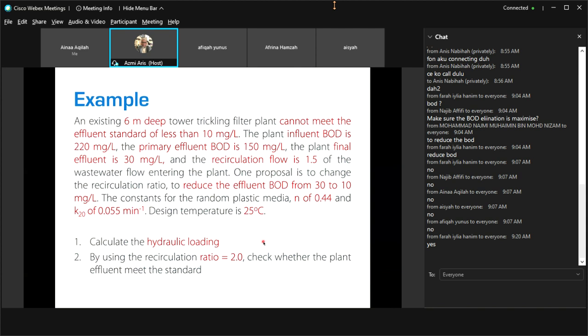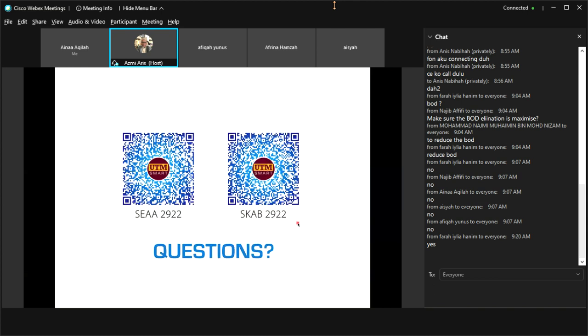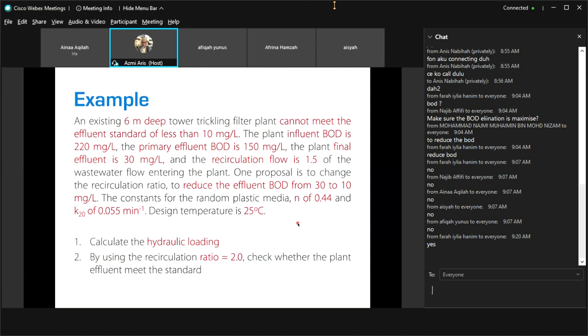Okay, there is a lot of information that we need to capture here. One thing, the depth of the tower is 6 meter. Okay, I want to ask you, it says here the influent BOD is 220 milligram per liter. The primary effluent BOD is 150 milligram per liter. So what LI should we use in our design?